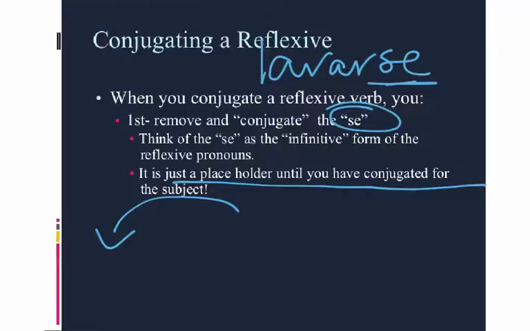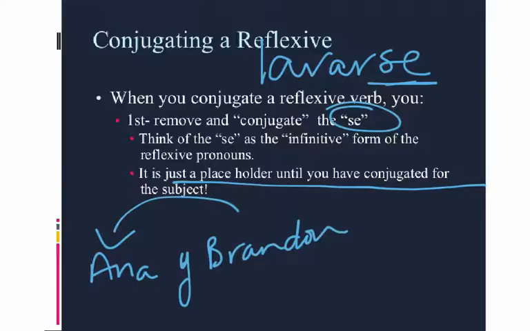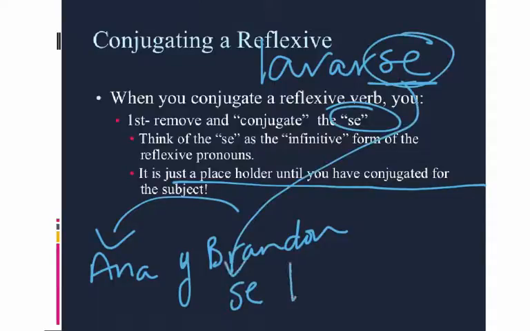So let's say I'm going to conjugate for Anna y Brandon. Okay? So Anna and Brandon are going to wash their hands, or are washing their hands. So I'm going to take that se from the lavarse, and I'm going to put it before the verb, and then lavar, and then las manos, right?